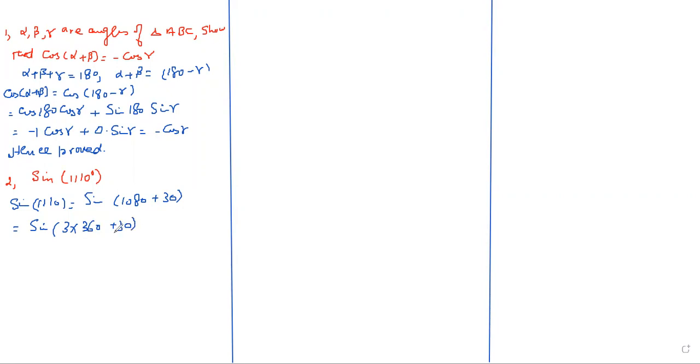And we know that for 360 or 180, the function sine goes to sine, and in the first quadrant sine is positive, which equals sine 30, which equals 1/2, because in the first quadrant sine is positive. Okay, let's take the next question.